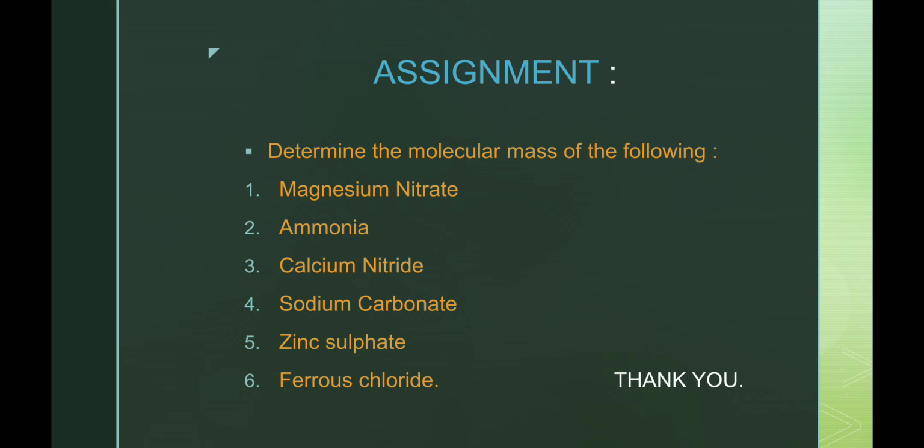Number 5, zinc sulfate, ZnSO4. Finally, sixth compound is ferrous chloride, whose formula is FeCl2. Dear students, please practice so that you can do it clearly whenever you come across these formulas.